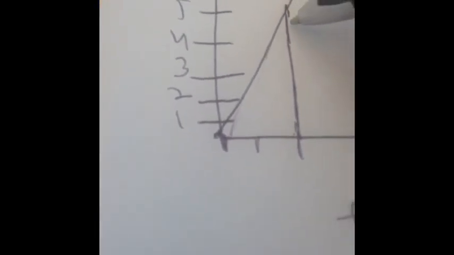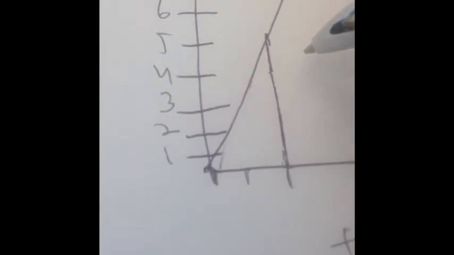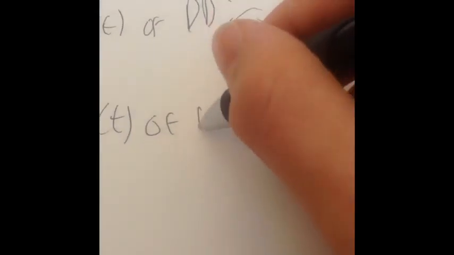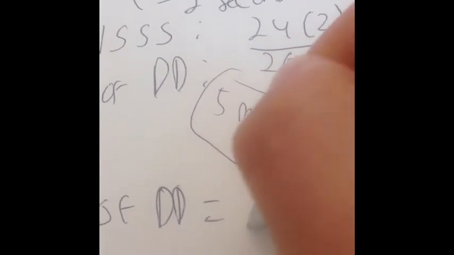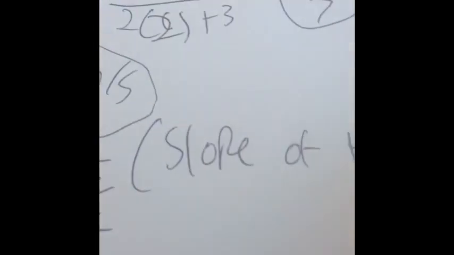And since we get 5 over 2 as your change in y over change in x, so A of t of Dirty Dan equals 5 over 2, slope of tangent line. So remember, the slope of the tangent line is the derivative.